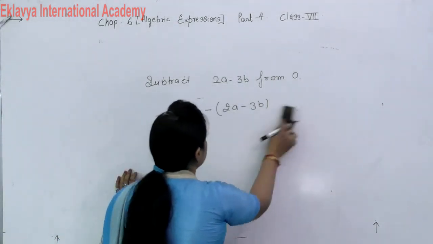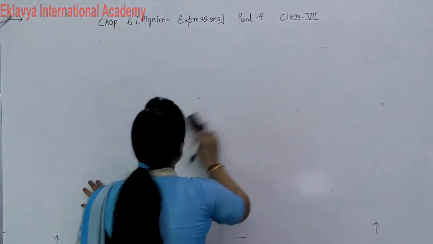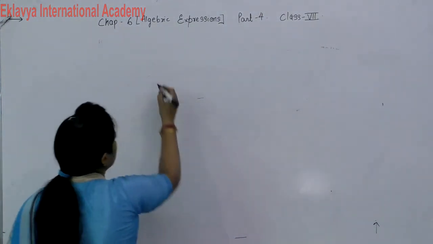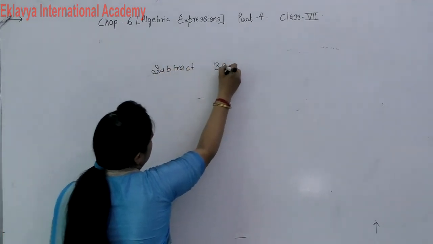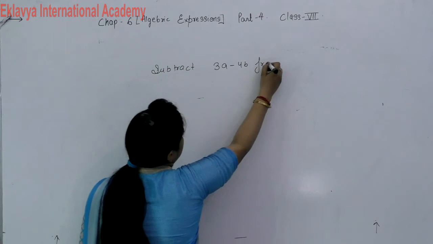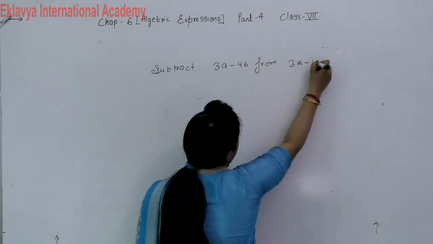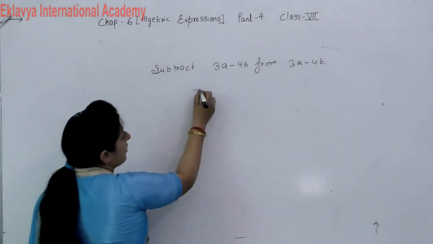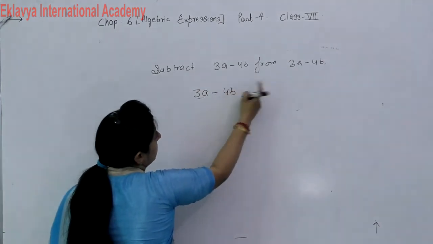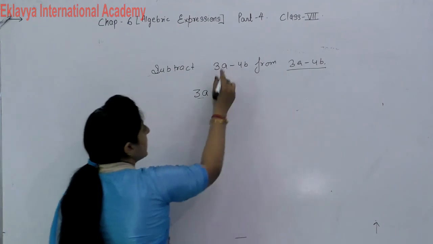Another example, take, suppose I write down subtract 3a minus 4b from 3a minus 4b. If I am using the column method, 3a minus 4b, firstly I write down this value, then this downside.